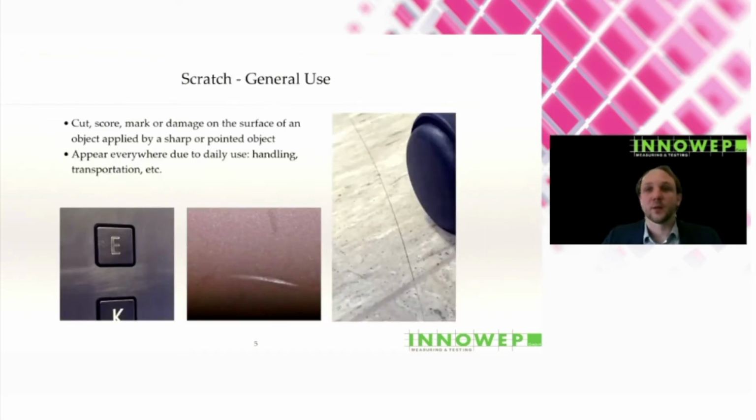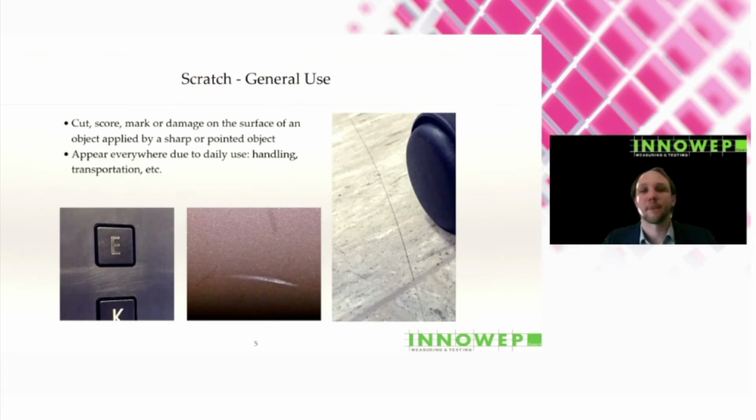So scratches in real life, where do they occur? Pretty much everywhere. If you just take a few seconds to look around your surroundings, you will probably see a lot of damage on surfaces everywhere, scratches, abrasion marks. Most of them you will probably never notice directly because they don't bother you. I have an example here of an elevator floor where the office chair wheels left scratch marks on it.